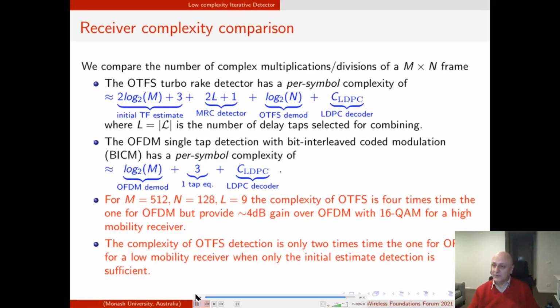We achieve a 4 dB gain with a 16 QAM at the cost of a complexity which is 4 times the complexity of OFDM. On the other hand, on a low mobility channel, the OTFS detection can be simplified, and the actual performance gain is achieved with only 2 times the complexity of OFDM.